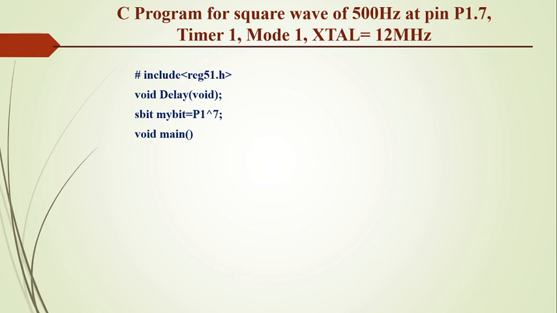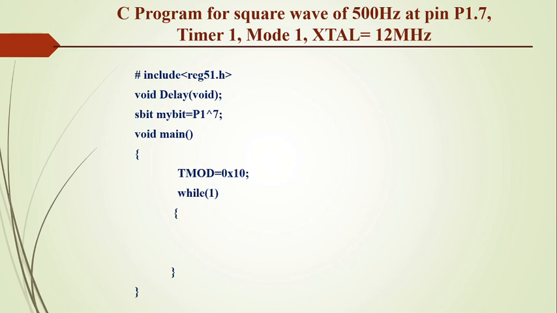Now the main program, where we are configuring the timer by moving the value TMOD equal to 0x10. So we are loading the value 10H into TMOD. Then we have to continuously generate the square wave.